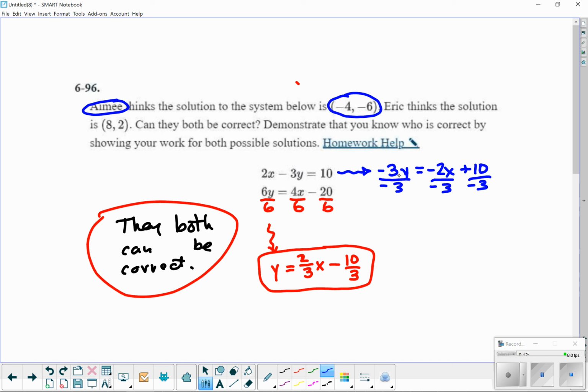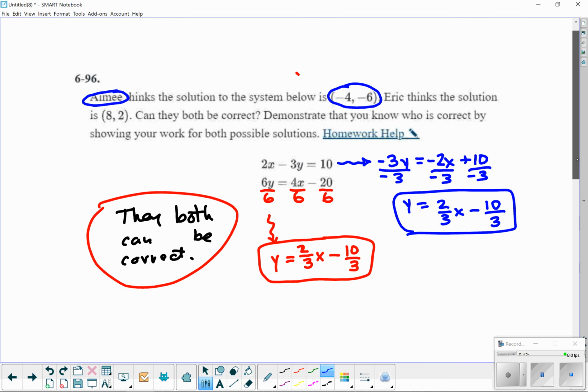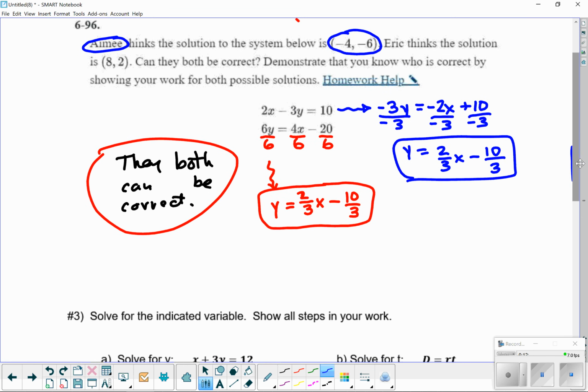And by doing that, the negative 3's cancel and we get y equals negative divided by negative is positive, and positive divided by negative is negative. So you can see they are actually the same equation. Wow. I didn't think that was going to happen, but they are. So that means that there are infinitely many solutions. So that's why they both are correct solutions.